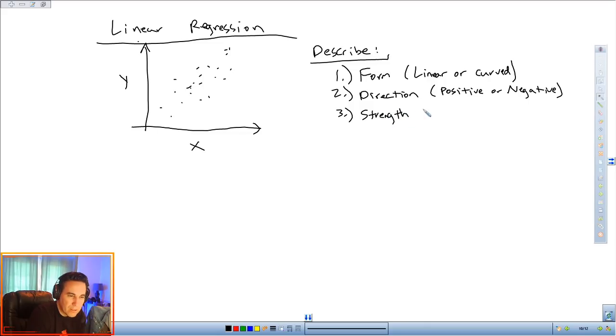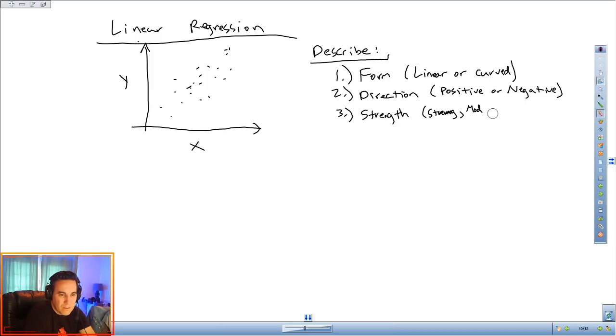Okay, strength, which could be strong, could be weak, moderately strong, or none.